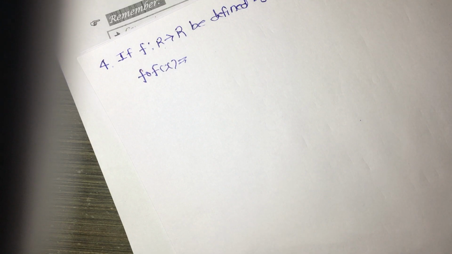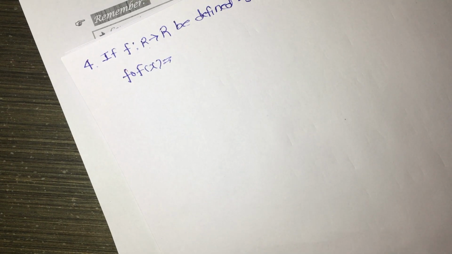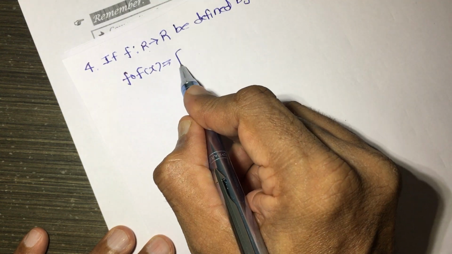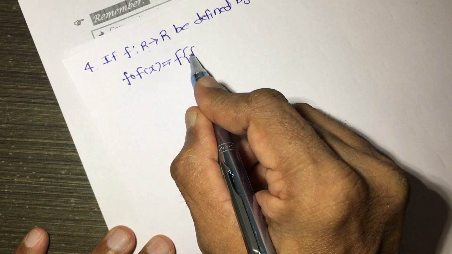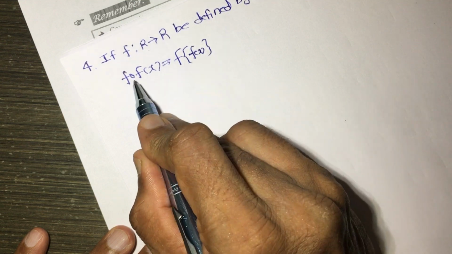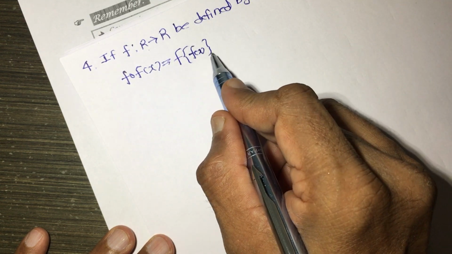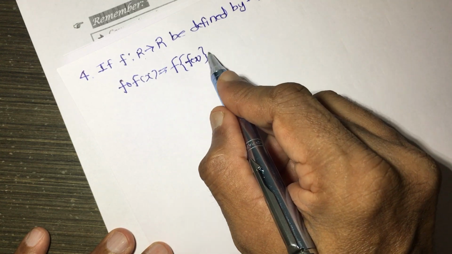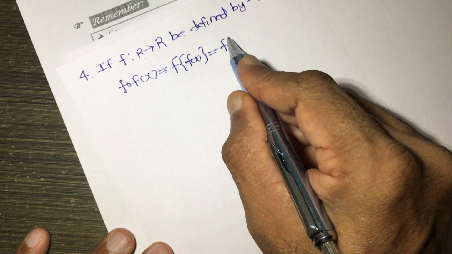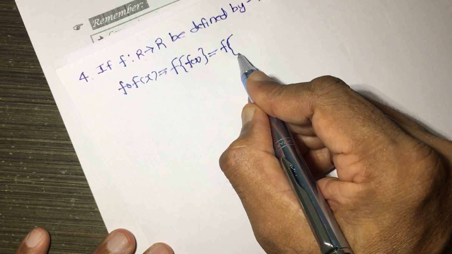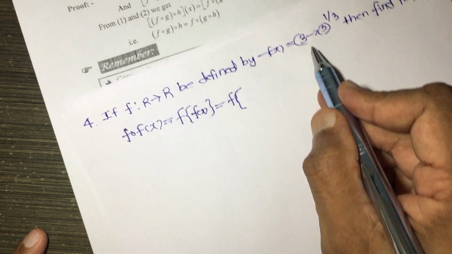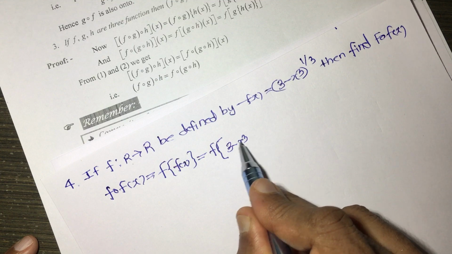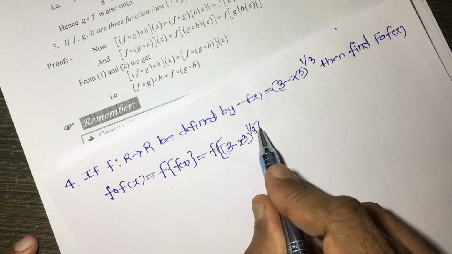I take f composite f of x, and one thing you remember, when we take a composite function, always remember that this O is replaced by a flower bracket, means it is f of f of x. So you see here, remove that O and put the flower bracket, and this is f of, I put the value of f of x, which is here (3 minus x cube) raised to 1 by 3.